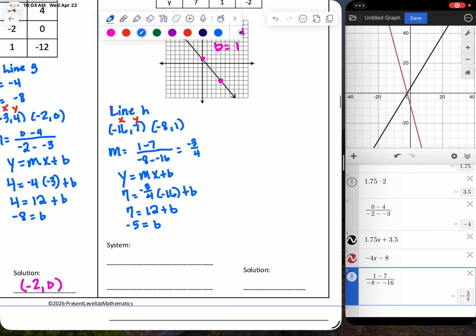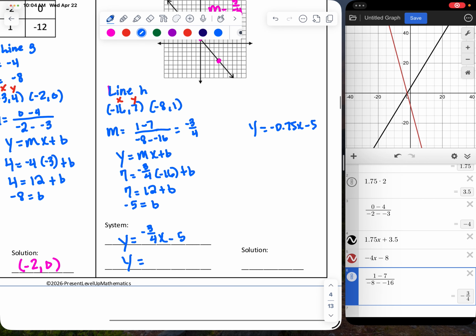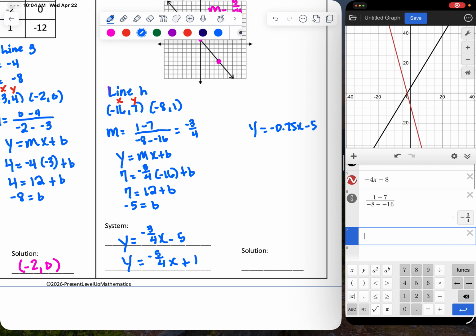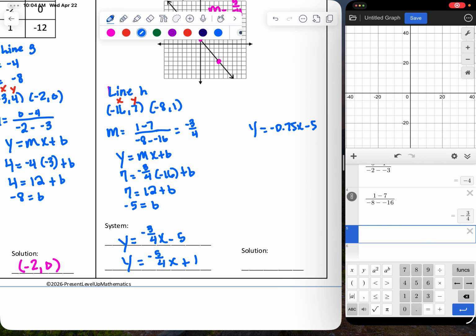So for my system, for the table, it would be y equals negative 3 over 4x minus 5. Now, if you put y equals negative 0.75x minus 5, that is also okay. And for my graph, y equals negative 5 over 4x plus 1. The last thing I did was put them in my calculator.